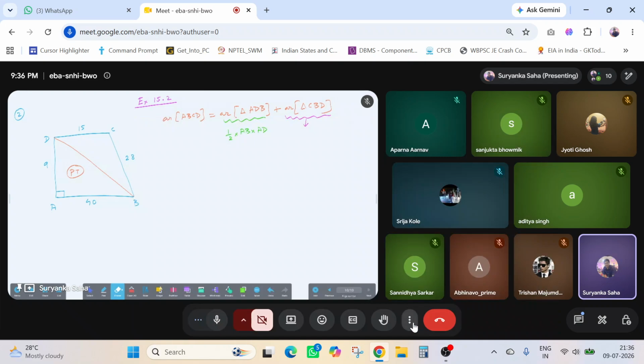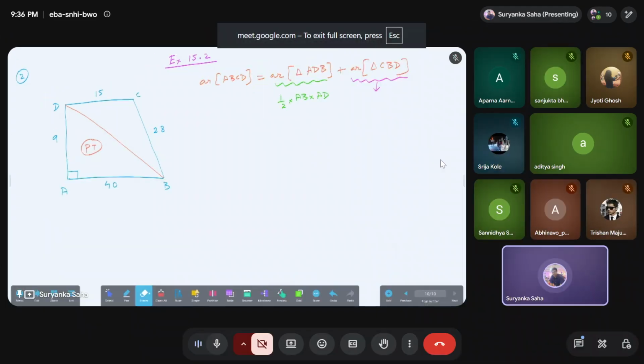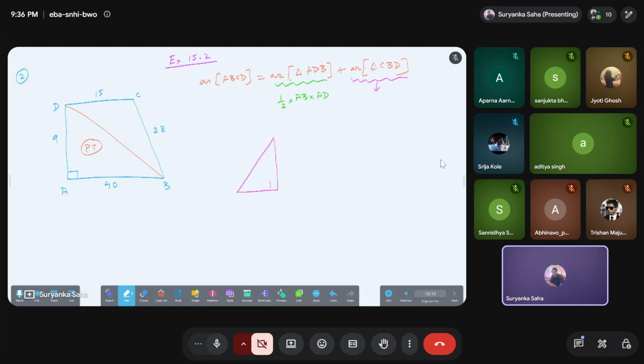Chalo. So everyone should remember that if a triangle is like this, then you can do it. Suppose it is 28, this can be the height. But if a triangle is like this, so this is h, but this is not the height.